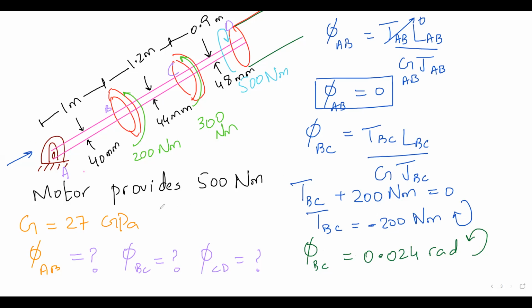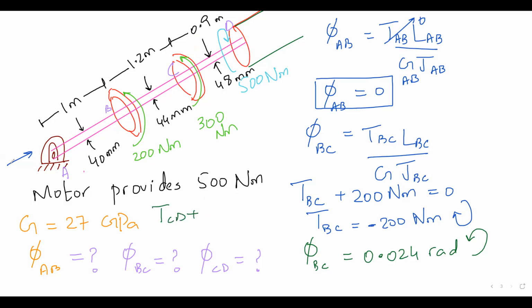Similarly, give me phi CD. I think all of the students agree that we should just cut from here and leave this, but I will go the hard way and start from here. So I have TCD, again anti-clockwise.